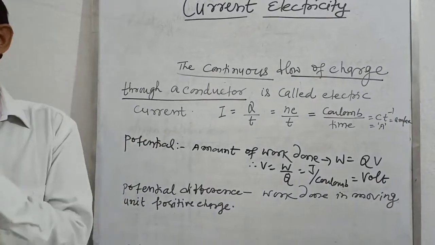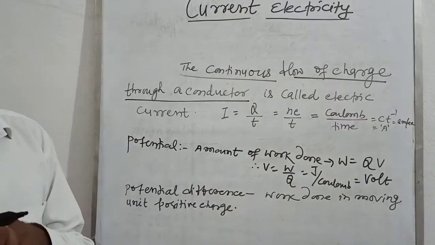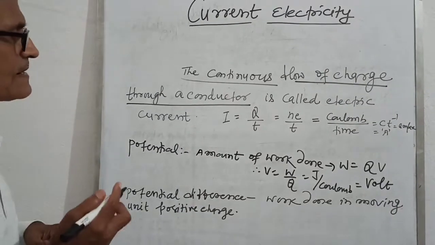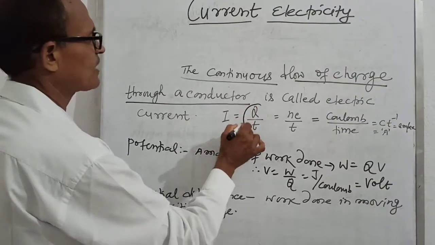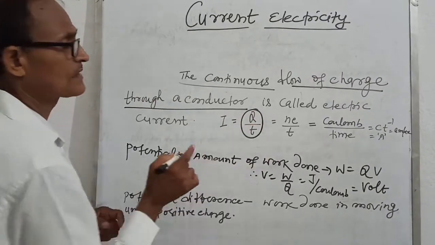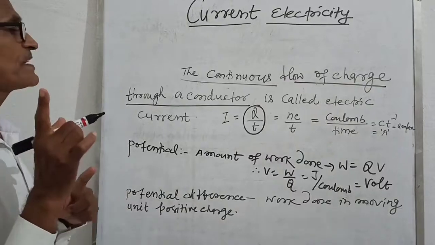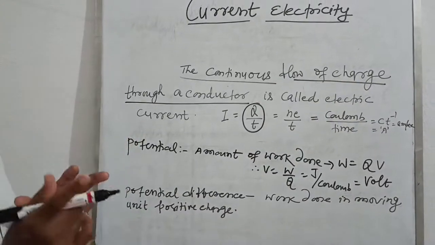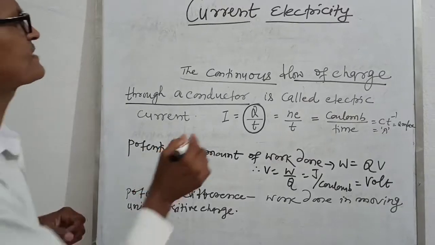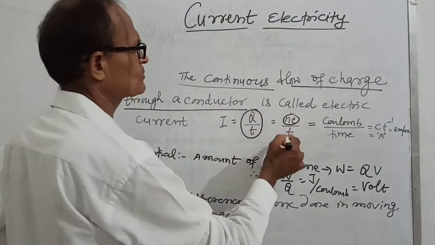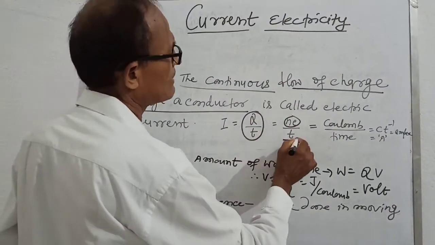Now quantitatively, how much current is flowing, that we decide by the rate of flow of charge with respect to time, that is Q by T. Q means charge. How much charge? The charge on one electron is, suppose, e. If n electrons flow, then the charge is ne, divided by time.